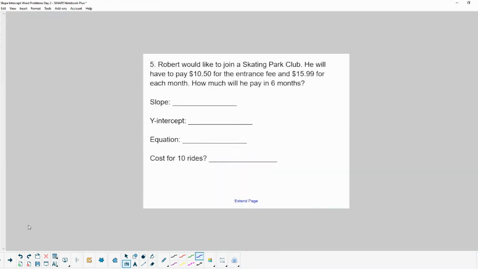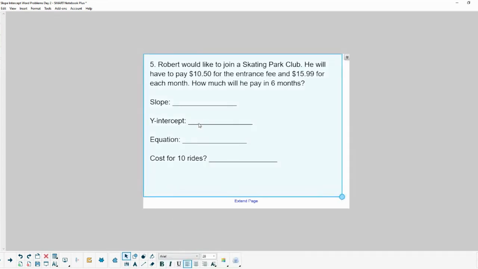Okay, Robert would like to join the skating park club. He will have to pay $10.50 for an entrance fee. So let's go ahead and type that in there. His initial fee is $10.50.